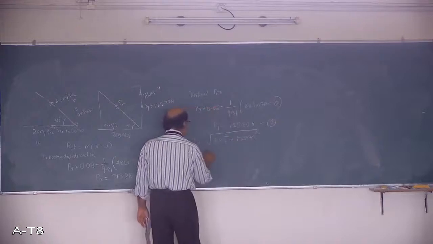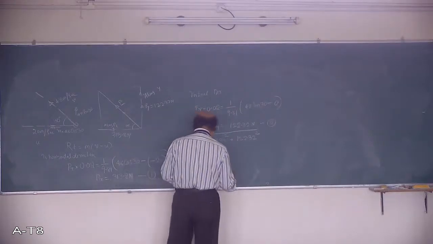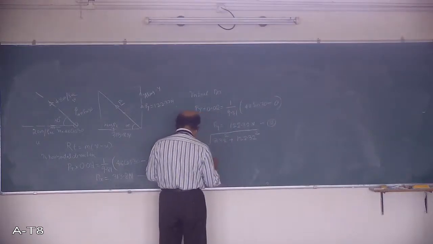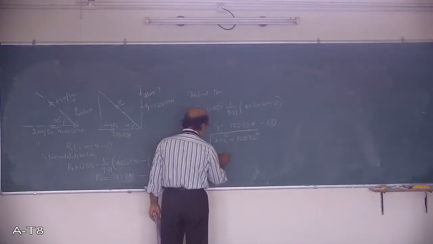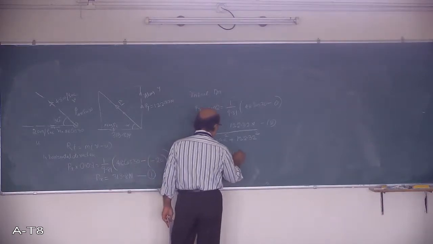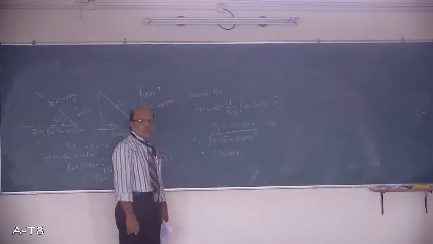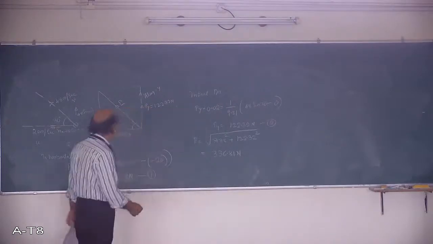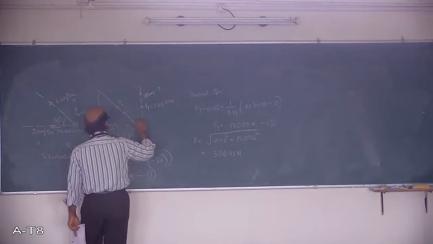You will get the resultant force applied by the bat. It works out to 336.81. 336.81 Newton is the force applied in this direction.